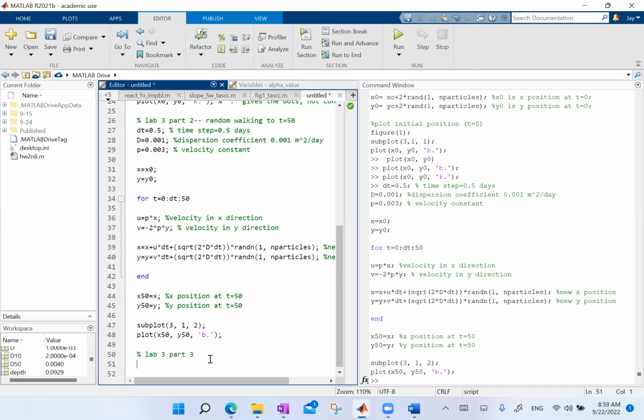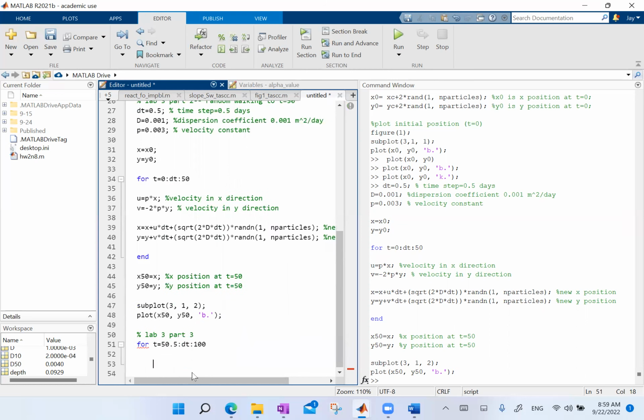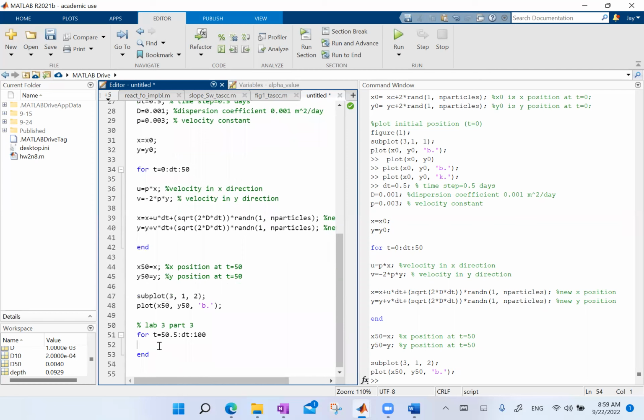So what you could do is, again, just write a for loop in this part. So for t from, because we already have 50, let's say 50 plus dt, with time step dt, all the way to 100. And basically everything you do in this part is the same thing we did in the second part.